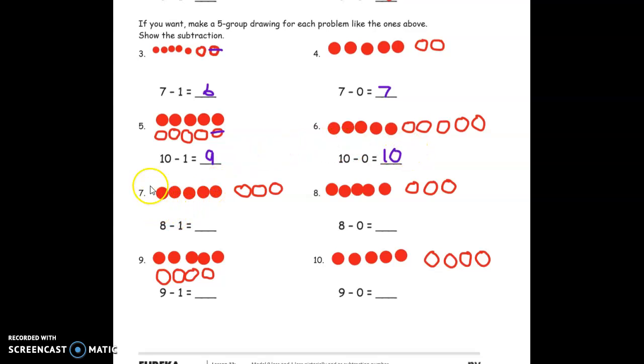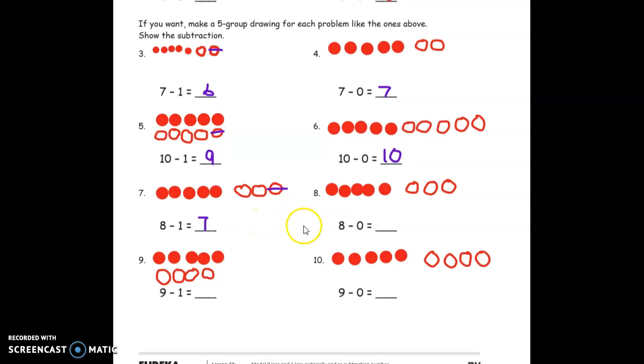Number 7, we have 5, 6, 7, 8. 8 subtract 1 equals, how many do we need to subtract? Yes, we subtract 1. We take away 1. Let's count. 5, 6, 7.